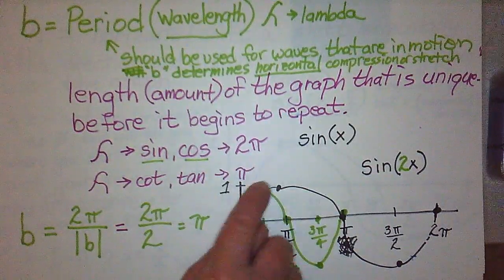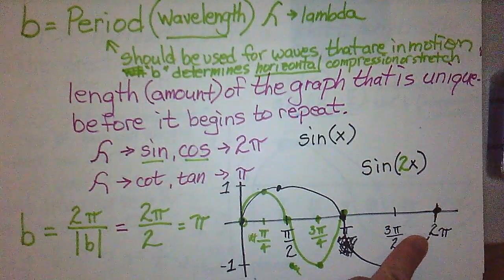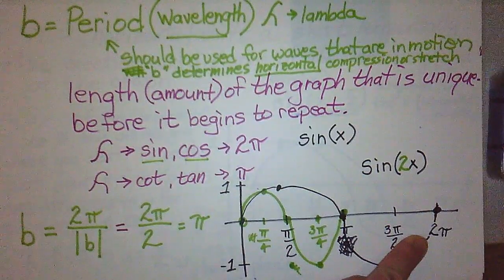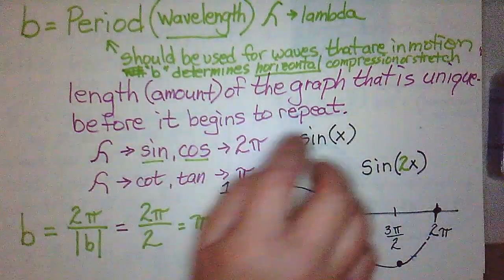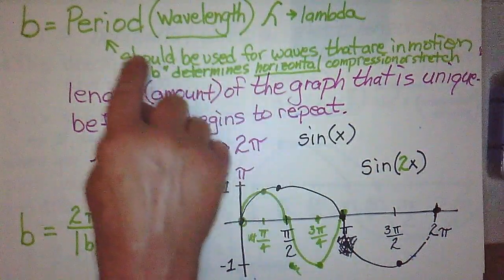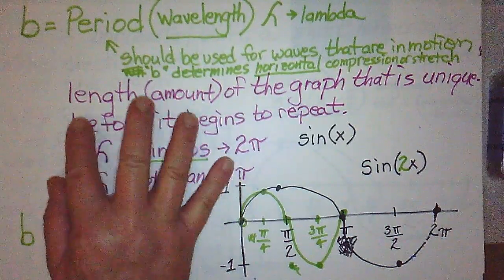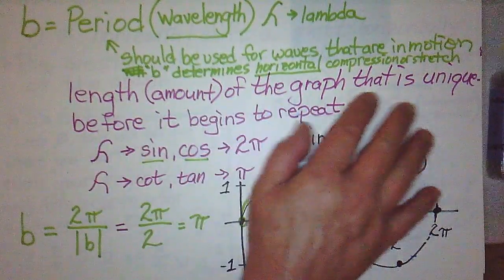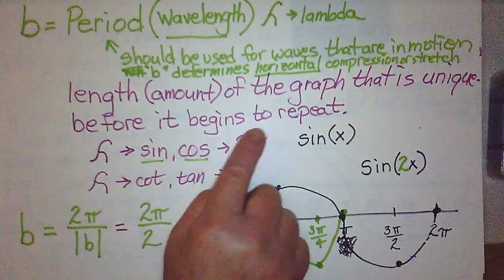Here, we're looking at a stationary graph. Nothing is moving. So technically, you should use the word wavelength, although, like I said, many math teachers use the word period. Anyway, this length is the amount of the graph that is unique before it begins to repeat.